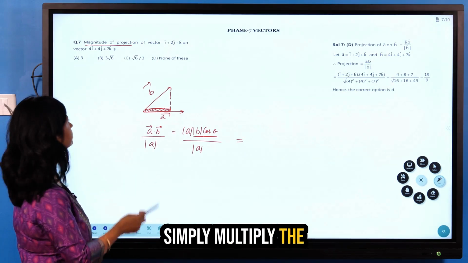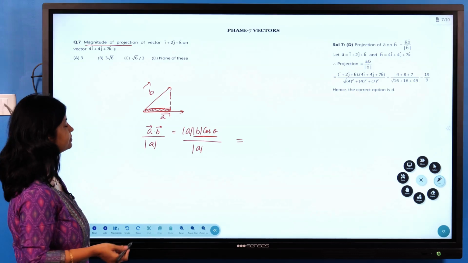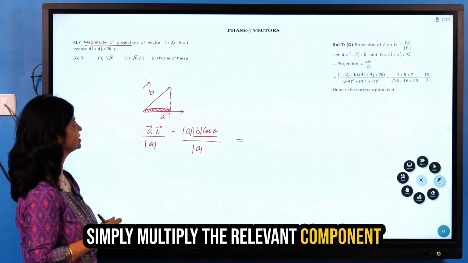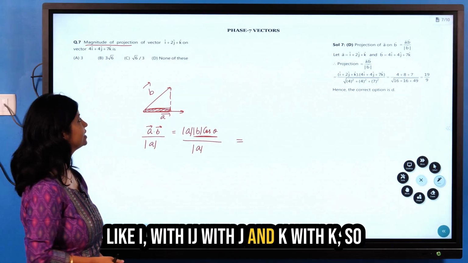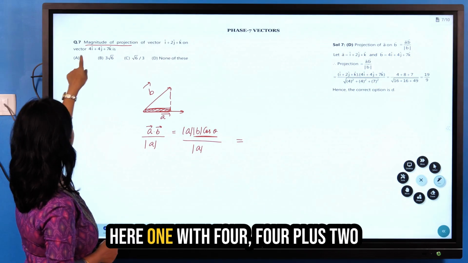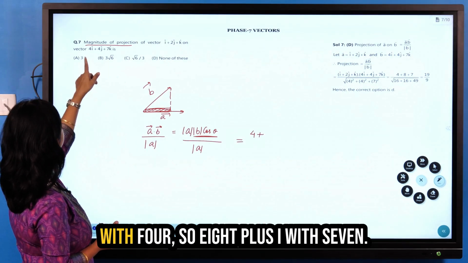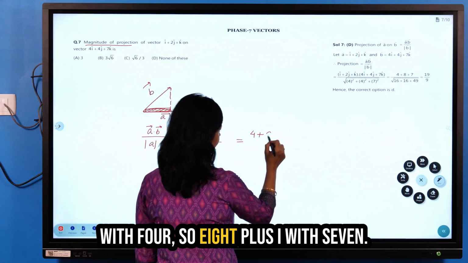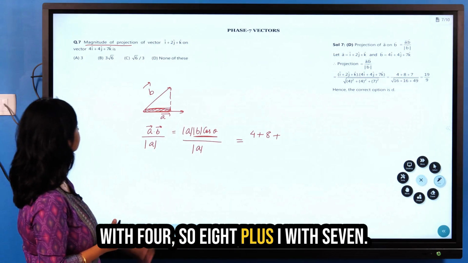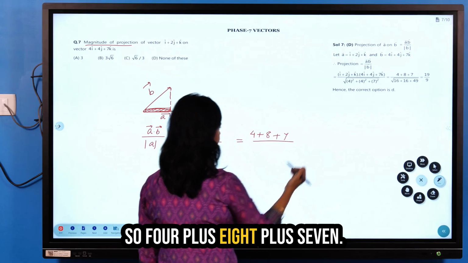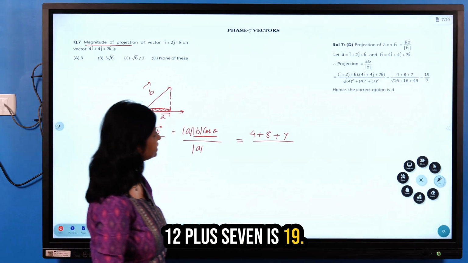Simply multiply the relevant components, like I with I, J with J, and K with K. So here 1 with 4, 4, plus 2 with 4, so 8, plus 7 with 7. So 4 plus 8 plus 7, 12 plus 7 is 19.